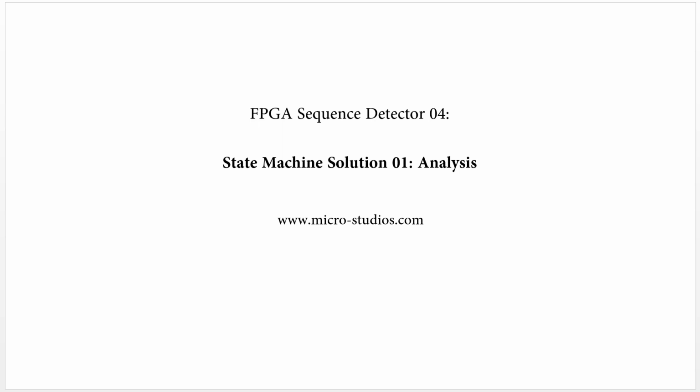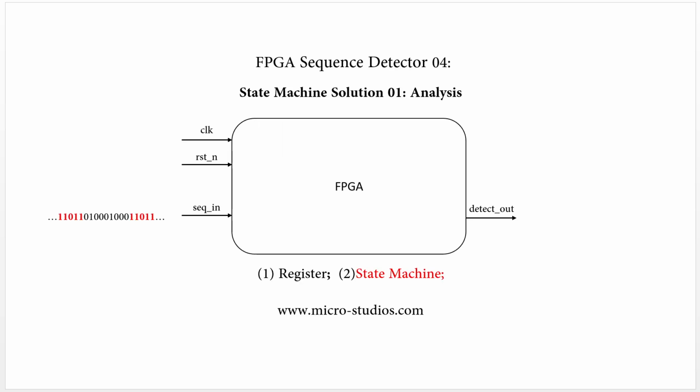In this video, we will talk about the state machine solution 01 analysis for FPGA sequence detector. Okay, so for the state machine solution, the first thing we need to do is to analyze the states for the sequence detector.